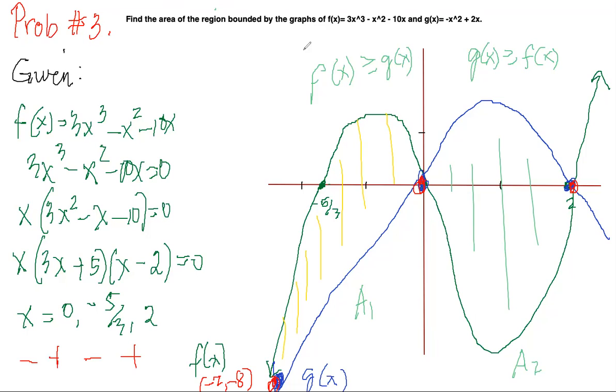So now let's draw the rectangular strips. Let me draw rectangular strips here, and also here.